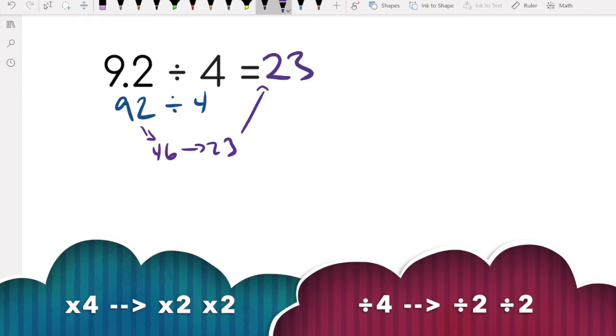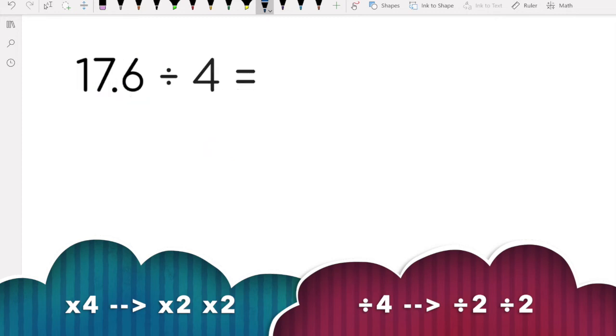Now I got to think about the decimal. Well, I'm dividing 9 by 4, so my answer is going to be a little bigger than 2. That's pretty clear to see, so I know the decimal's got to go here, 2.3. 0.2 doesn't make sense, and 23 definitely doesn't make sense. 17.6 divided by 4, take out the decimal, 176 divided by 4. You cut this guy in half, and that becomes 88.